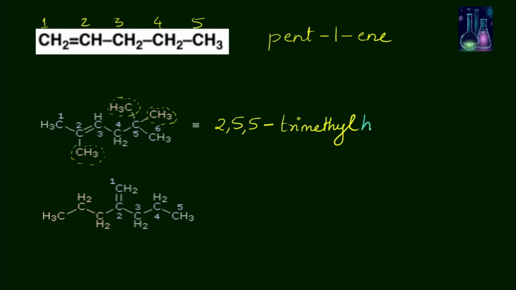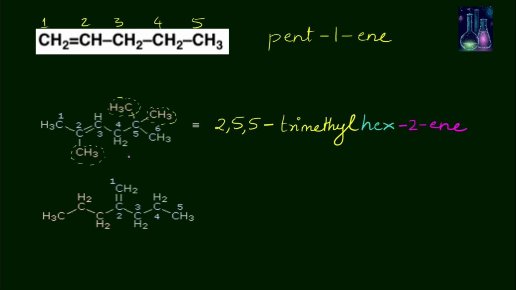Therefore it is hex, and there is a carbon-carbon double bond between the second and third carbon. Therefore it will be hex-2-ene. So the name of the molecule is 2,5,5-trimethylhex-2-ene.